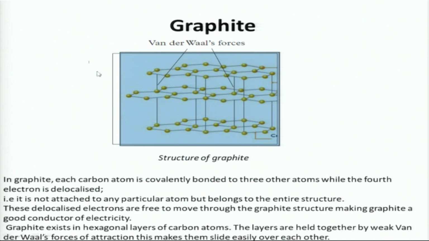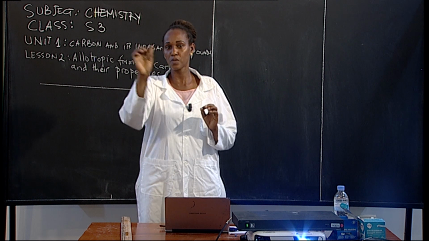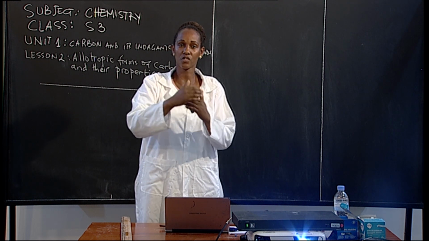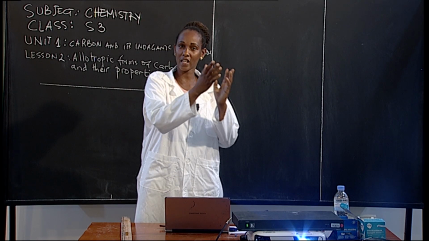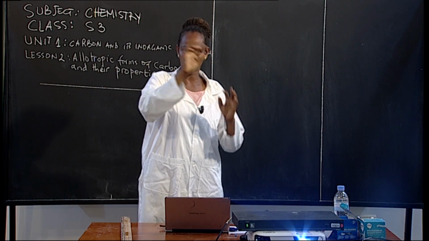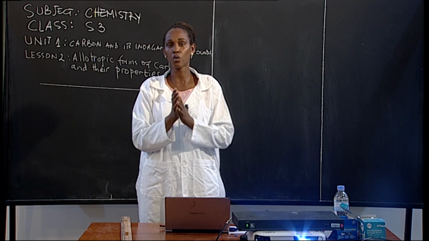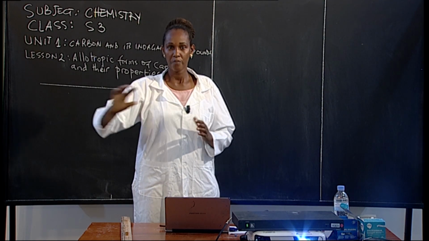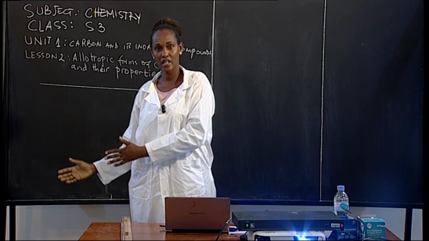The structure of graphite is very different from the structure of diamond. For diamond, 1 carbon is bonded to 4 other carbons, giving it what we call a tetrahedral structure. But for graphite, one carbon is bonded to 3 carbons, giving it what we call a hexagonal structure. And one electron is free, which we call a delocalized electron.